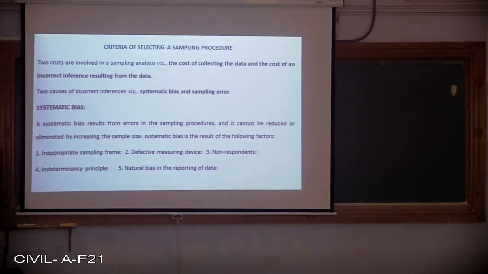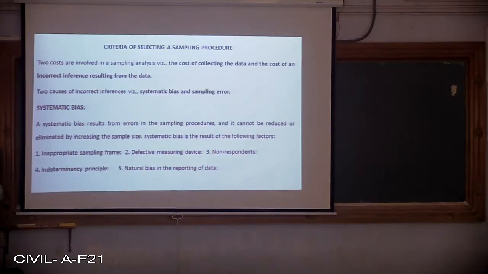That is the criterion to be considered when you are going with a sampling procedure. Clear? Systematic bias results from errors in the sampling procedure and it cannot be reduced or eliminated by increasing the sample size. Systematic bias is a result of the following factors: inappropriate sampling frame, defective measuring device, non-respondents, indeterminacy principle, and natural bias in reporting of data.